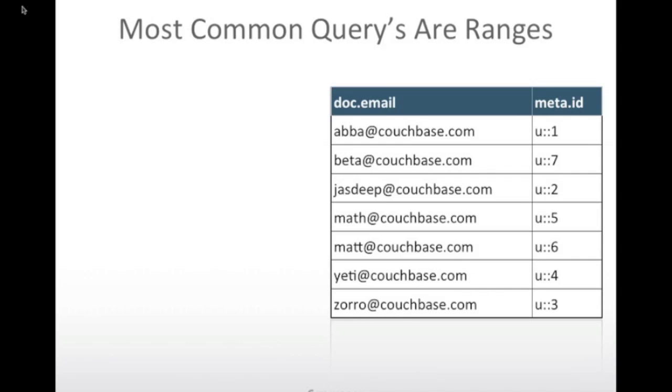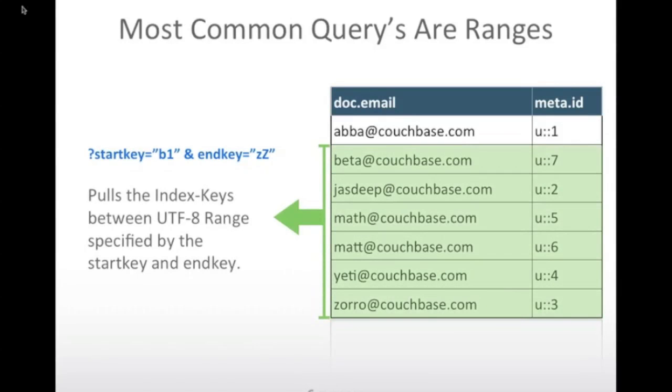So the most common queries are actually range queries. I want to get this group of values within my index. In this case, I'm doing a start key of B1 and ZZ, and I get index keys that match between those two values.